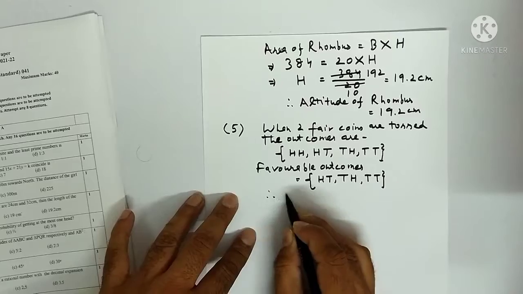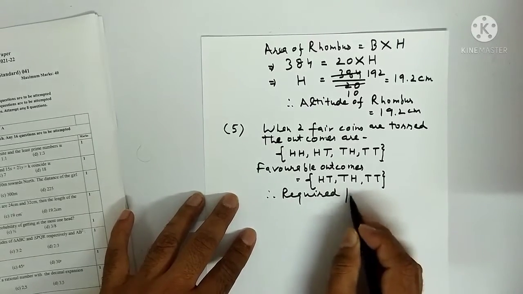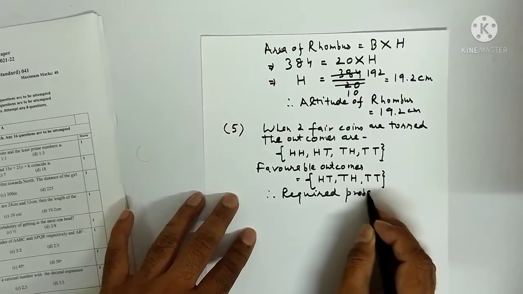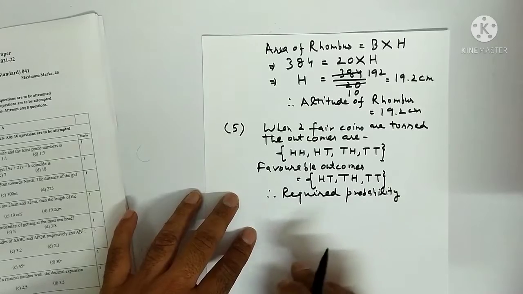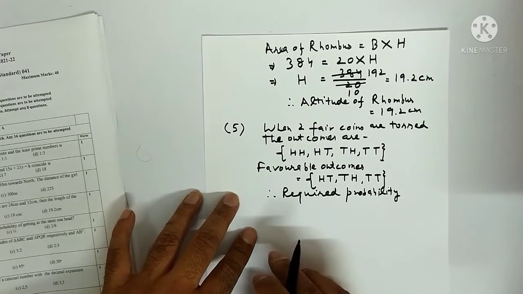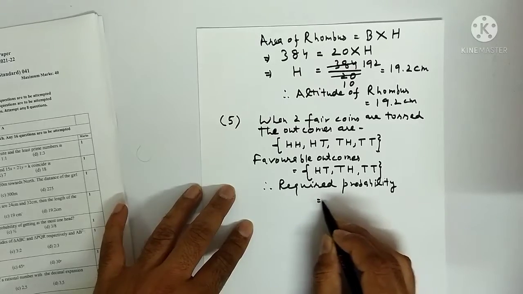So therefore required probability means the probability which he has asked in the question. That is the probability of getting at the most one head.